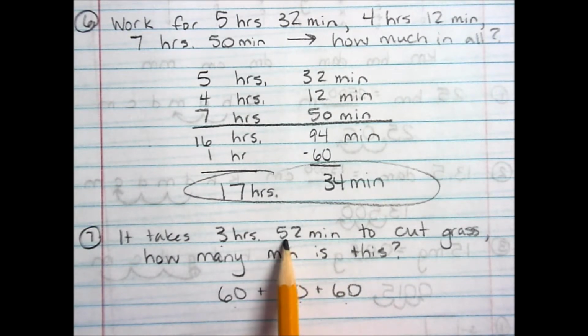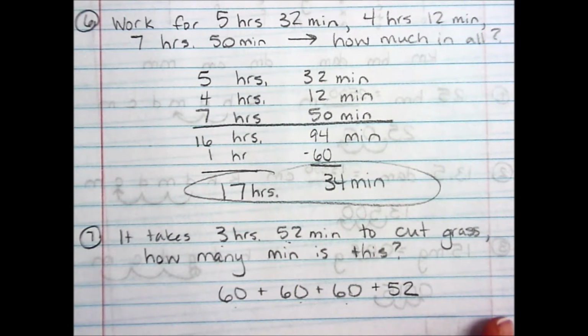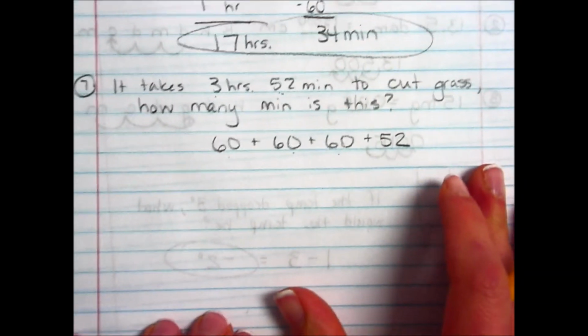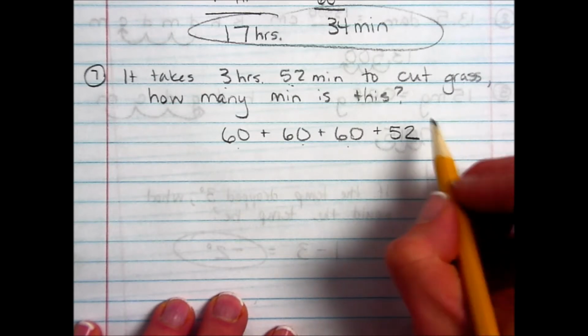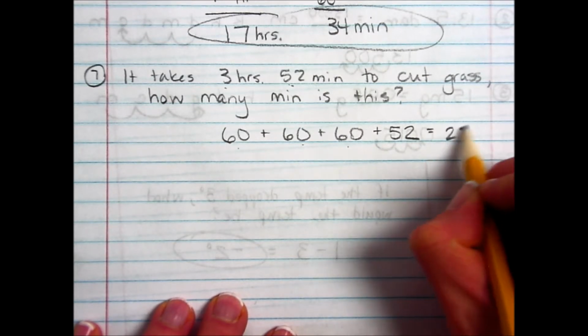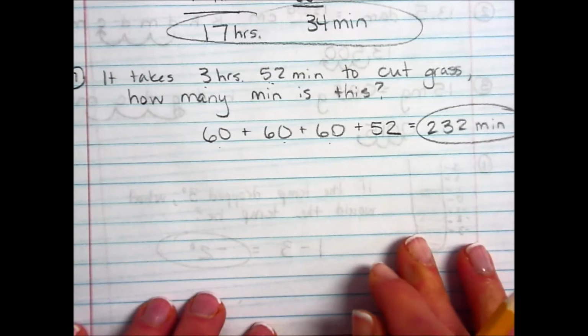But then I don't need to forget that I've also got this 52 minutes here. So then all I do is type that into my calculator, and it'll take 232 minutes to mow that grass.